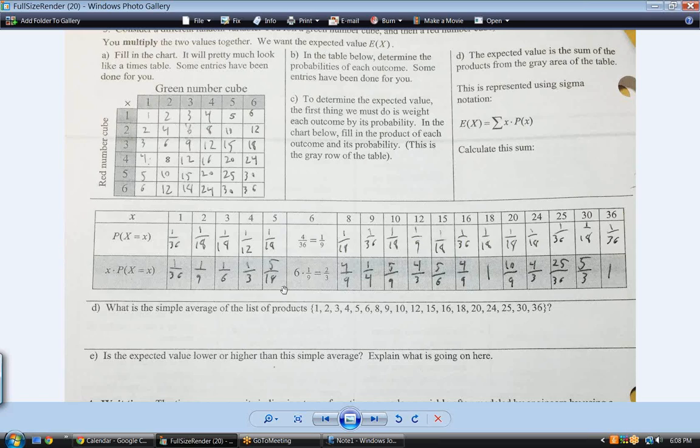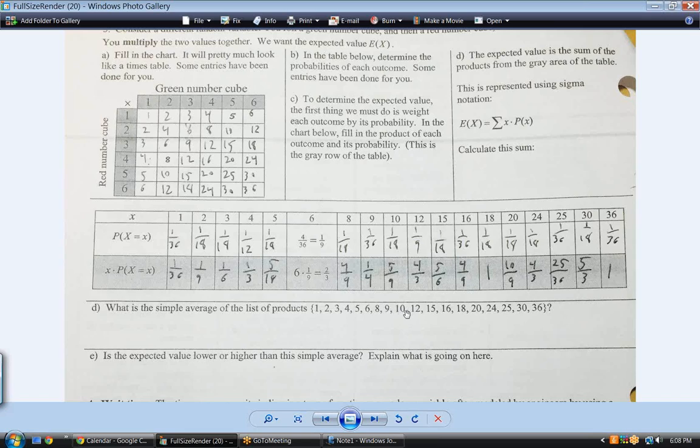So let's see. There's a greater likelihood of coming up with these numbers. Bigger numbers have much higher x times p of x than the smaller numbers do. So I would expect the expected value to be higher than the simple average.